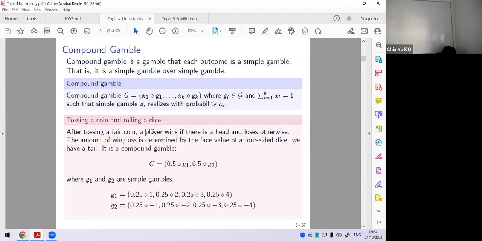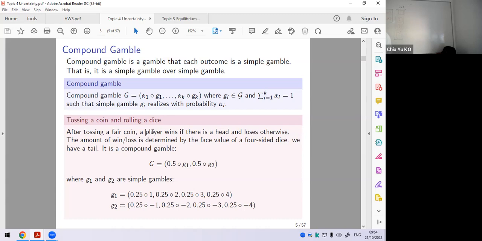You can consider this as a compound gamble, in the sense that the first thing is the win-loss, and the second one is this.